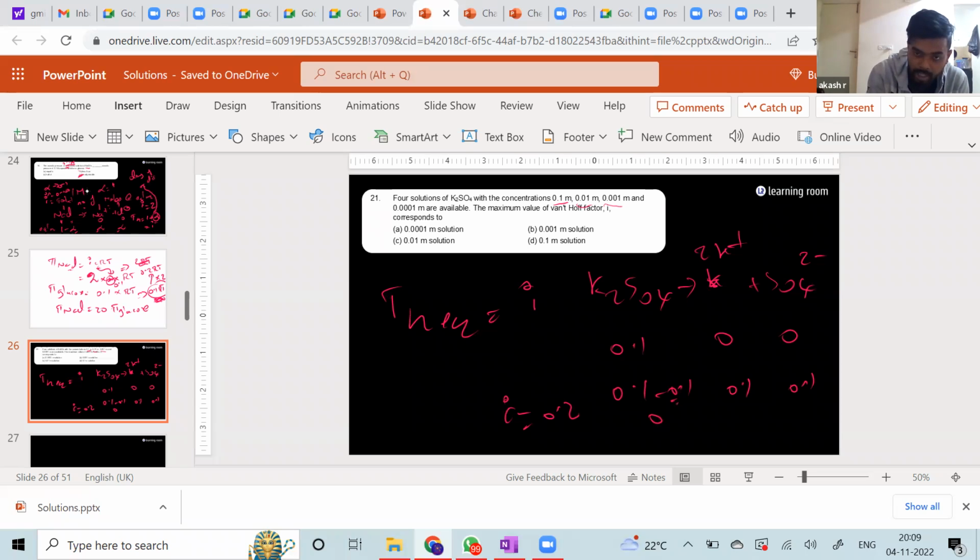If 0.1 of this reacts, how much should come here? 0.2 should come here, because the ratio is 1:2:1. So if 0.1 of this reacts, you'll get 0.2 here and 0.1 here. So the i value here is 0.3, not 0.2. So obviously, which is going to have the highest Van 't Hoff factor? The one with the lowest concentration is the most dissociated, so that is going to be the most dilute solution. That's the answer.